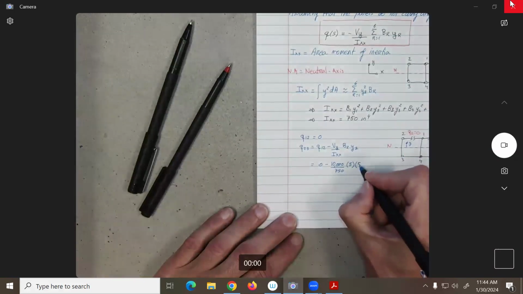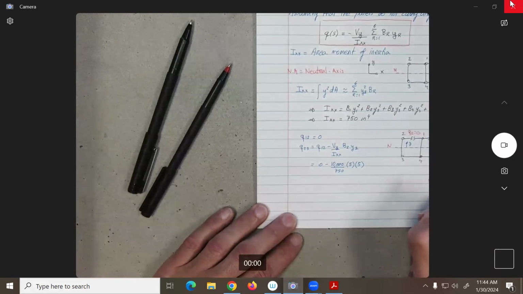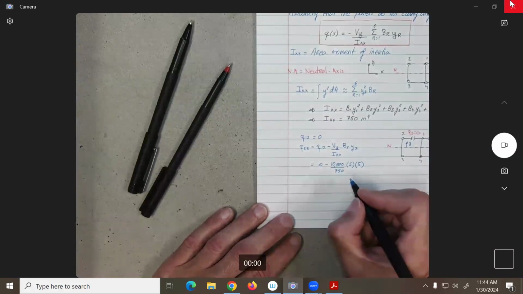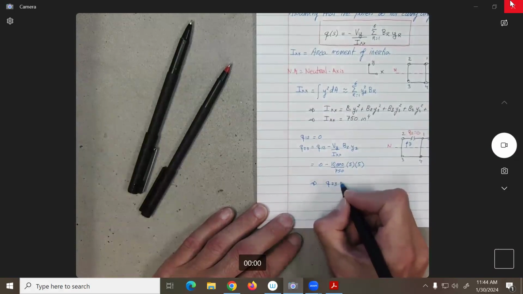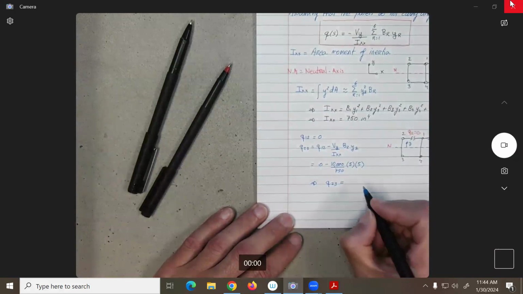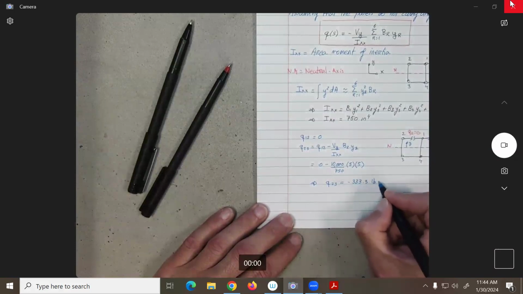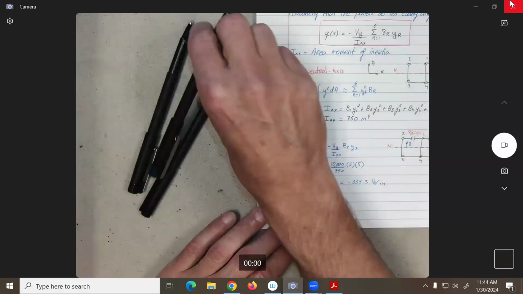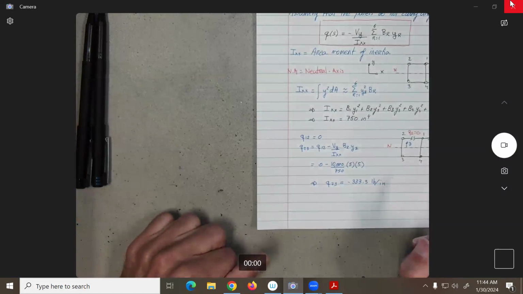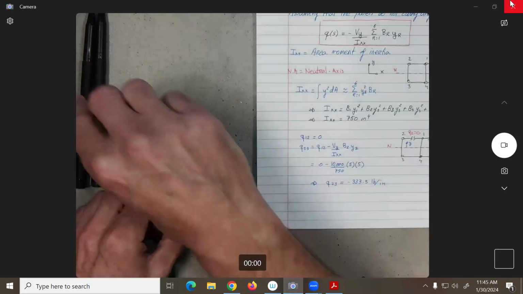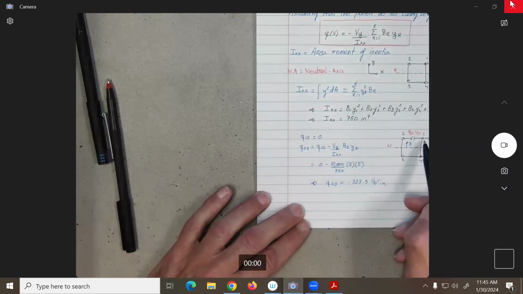Is 5 because it's the distance from the neutral axis. Okay? So if you do this calculation, we're going to get that Q23 will be equal to minus 333.3 pound per inch. Okay, so now we did 1, 2, 2, 3.